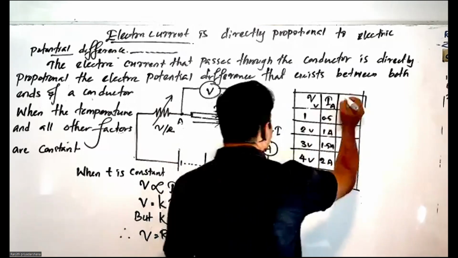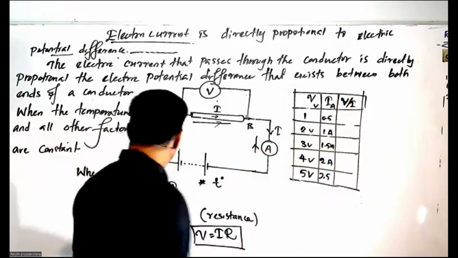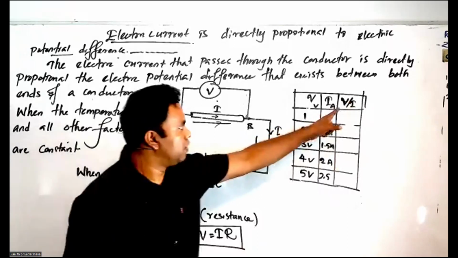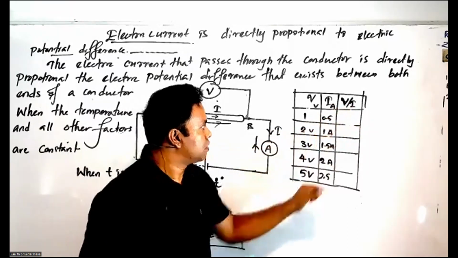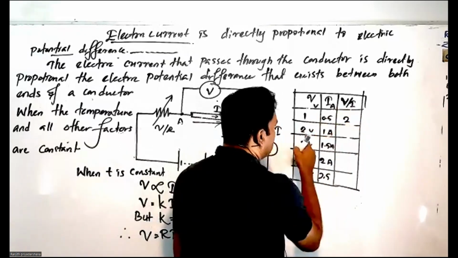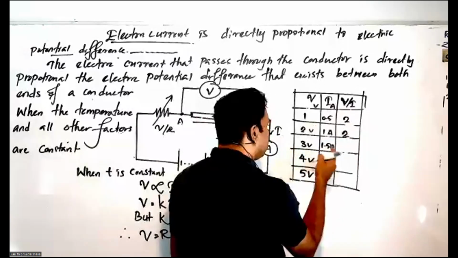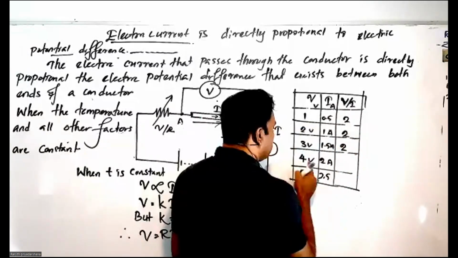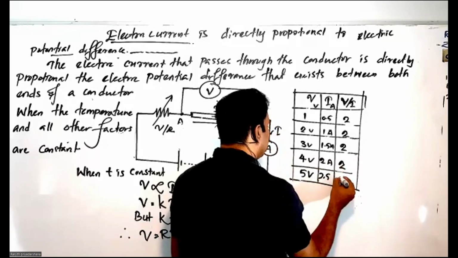And the ratio between V to I, always, you can see, if you divide V by I, that's 2 upon 1, 2; 3 divided by 1.5, 2; 4 divided by 2, 2; 5 divided by 2.5, that's also 2.